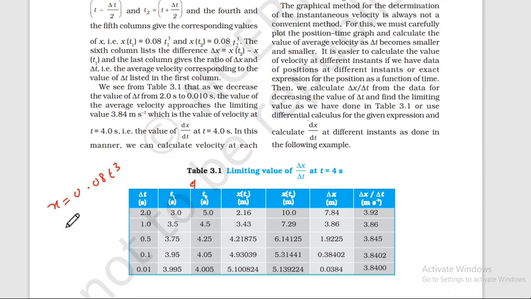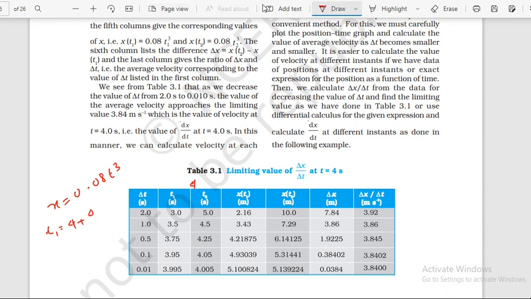So basically we are taking t1 equal to 4 minus delta t by 2, and t2 is 4 plus delta t by 2.